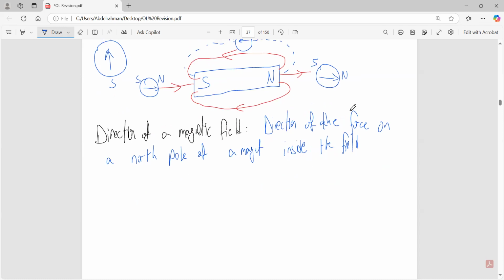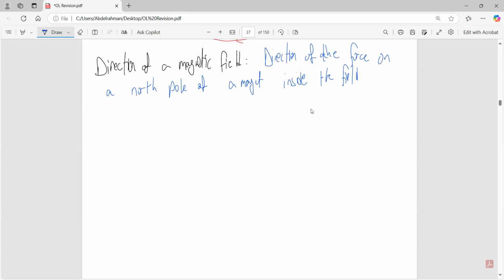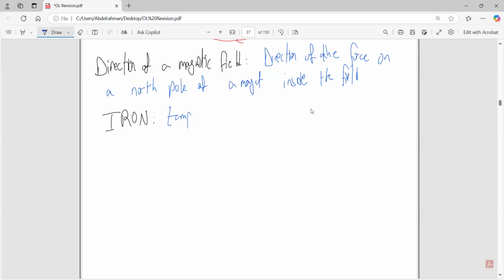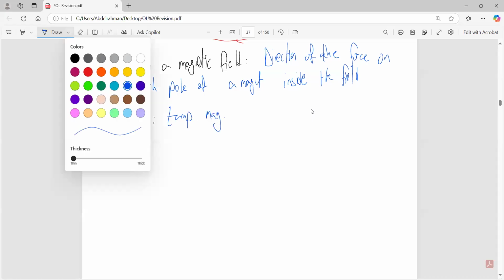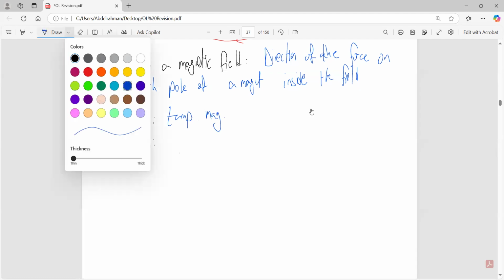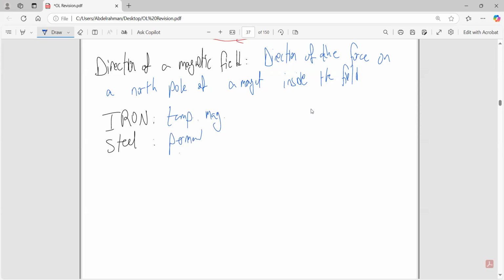What are the magnetic materials we usually talk about? We usually talk about iron or steel. We have other magnetic materials such as cobalt and nickel, but basically we talk about either iron or steel. The difference between iron and steel is that iron is a temporary magnet, while steel is a permanent magnet, meaning that it keeps its magnetism.